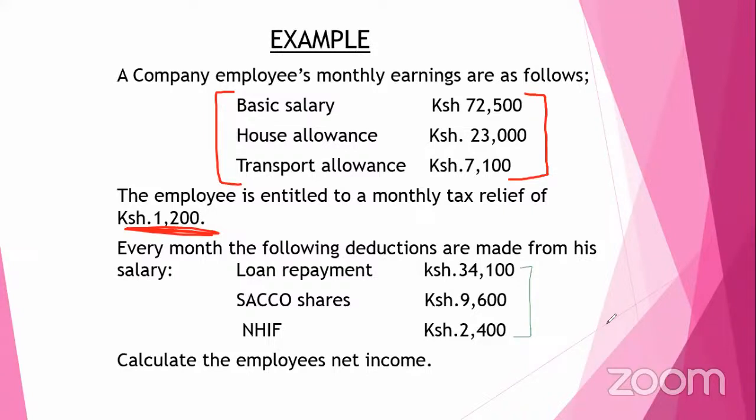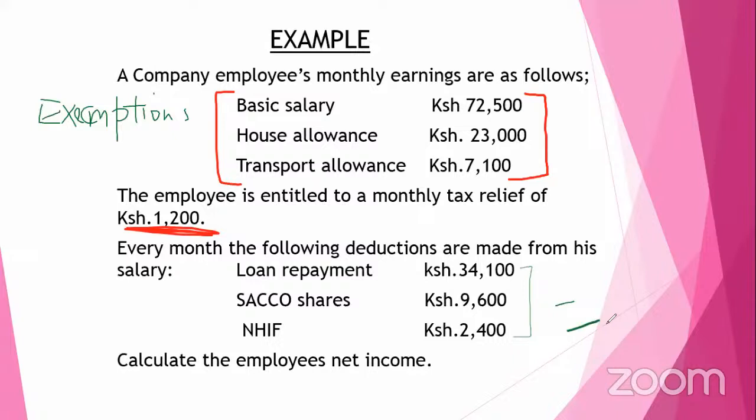In case in this question there were tax exemptions, I would have applied it at this stage, saying basic salary plus house allowance plus transport allowance minus any exemption, just in case there were exemptions. That is the point at which we deal with the exemptions.